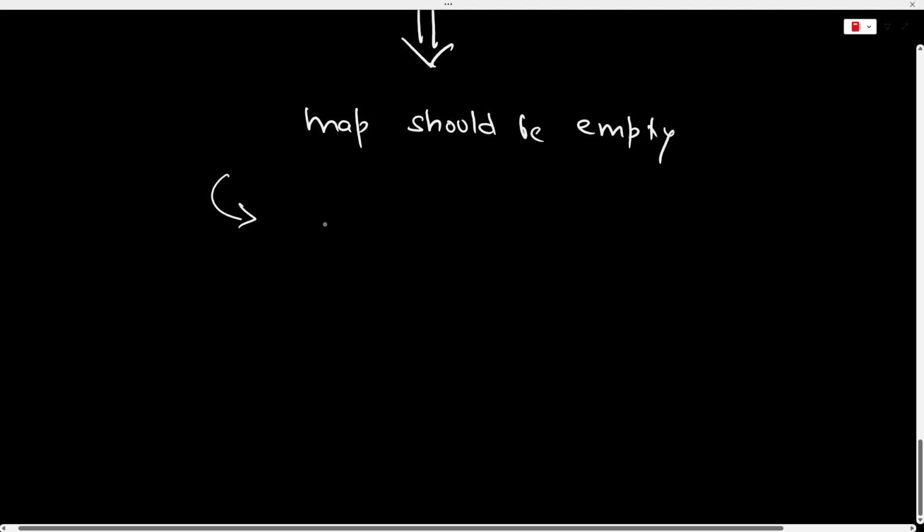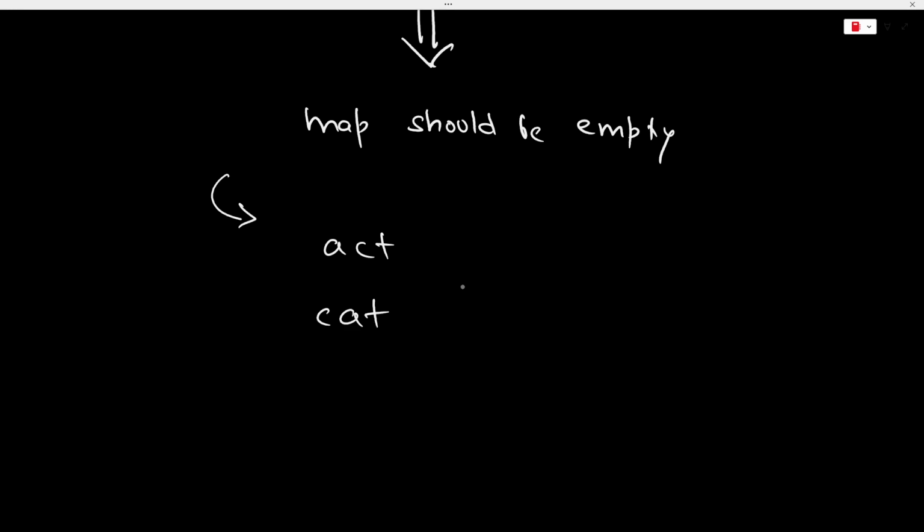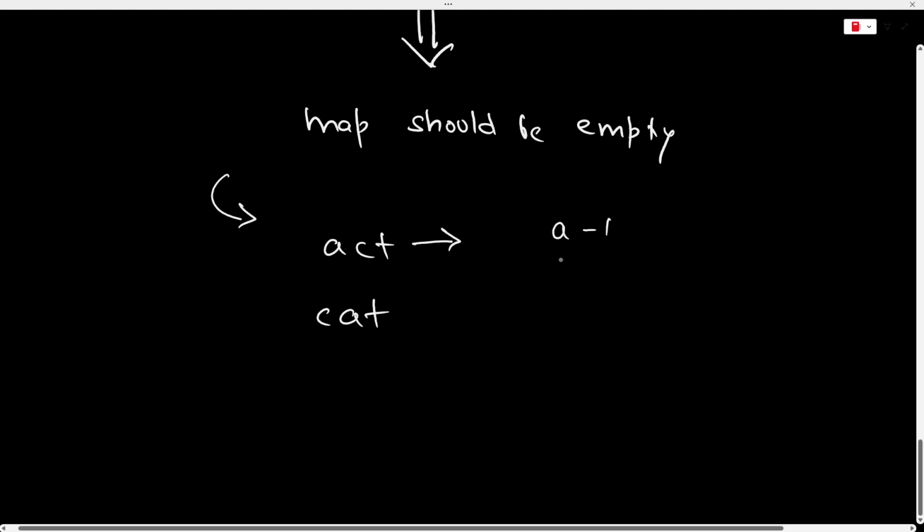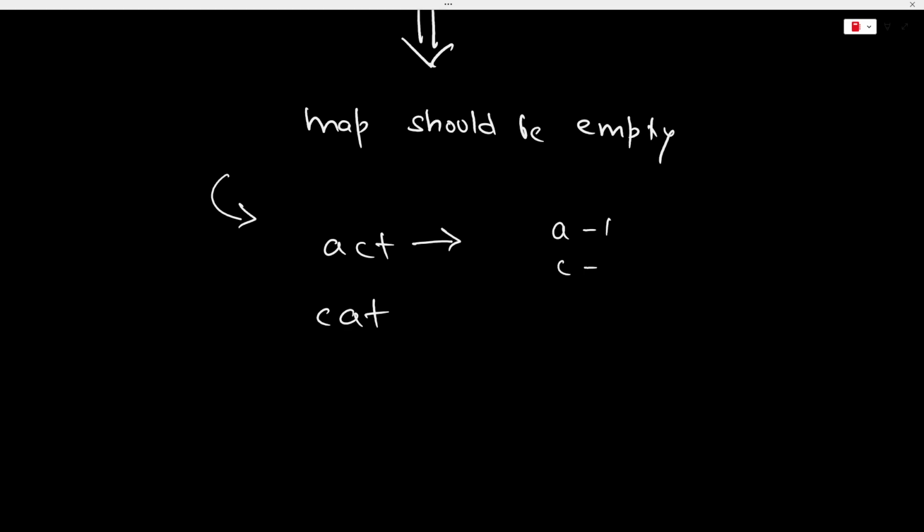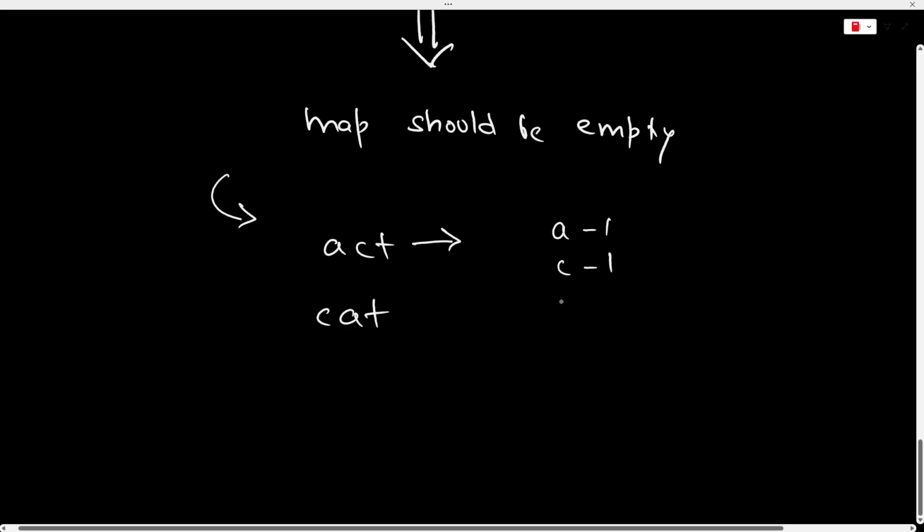I'll show you a small example. For example, act and cat. After first traversal, our map would look something like this: A1, C1, T1.